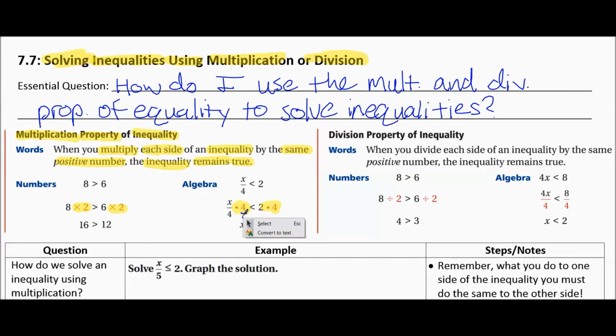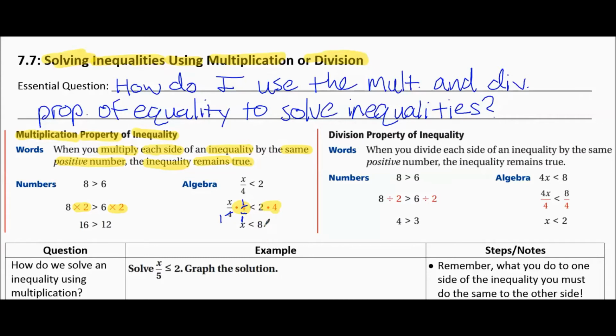Remember that? The vertical line situation? That's so cool. Okay, the 4s are going to cross cancel, right? Because the greatest common factor of 4 and 4 is 4. So you divide both by 4, you get 1. x times 1 is x over 1 times 1 is 1. That's x over 1, or just x. I don't even need to put the over 1. Right side, 2 times 4 is 8, so x is less than 8.